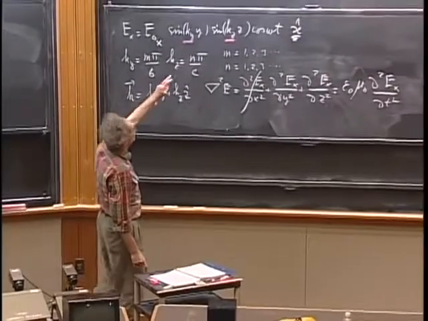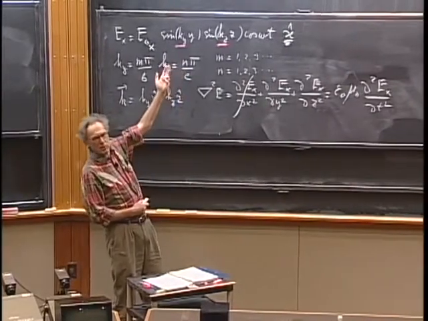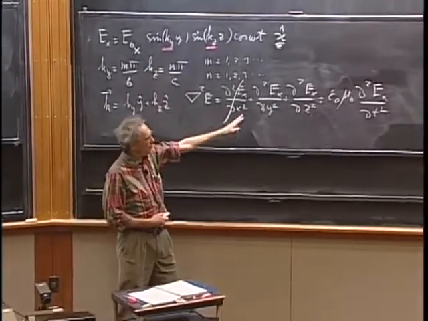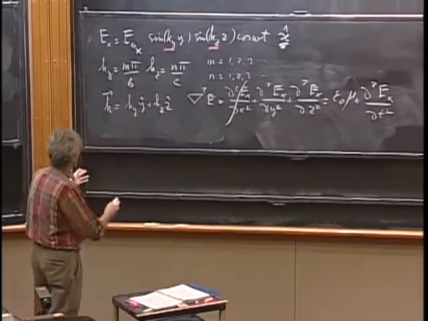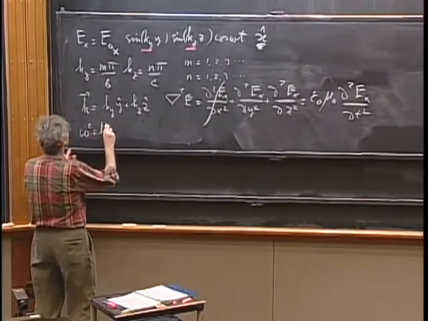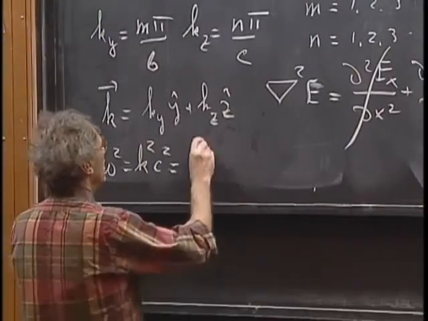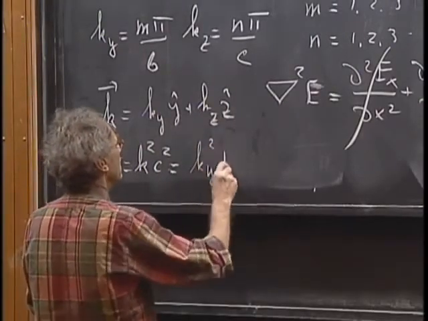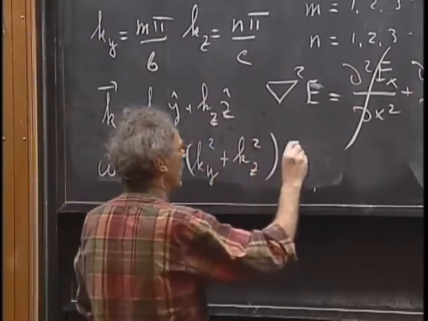And if I substitute my solution, which I know deep in my belly has to be correct, in this wave equation, then what you find, of course, is no surprise that omega squared equals k squared times c squared. And so that is going to be ky squared plus kz squared times c squared.